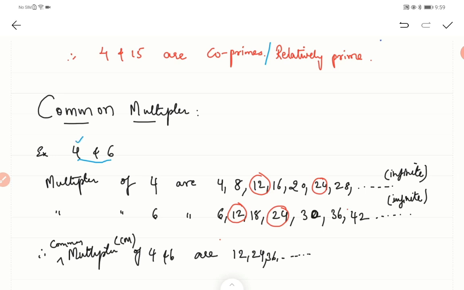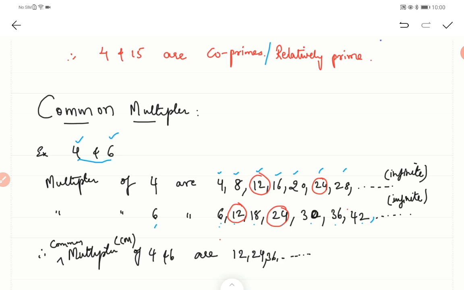We took the example of 4 and 6. Multiples of 4, multiples mean just remember the table: 4, 8, 12, 16, 20, 24, 28 and so on. Similarly, multiples of 6: 6, 12, 18, 24, 30, 36, 42 and so on.